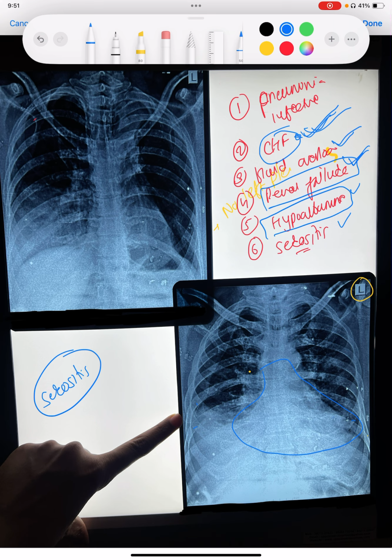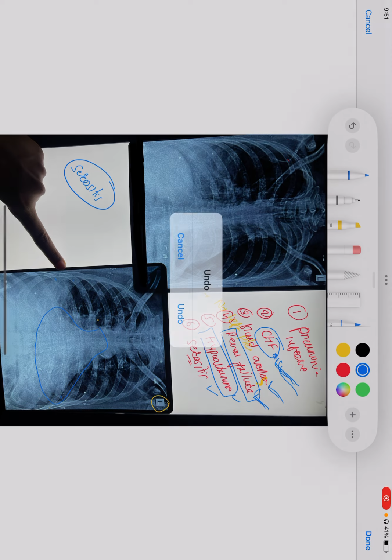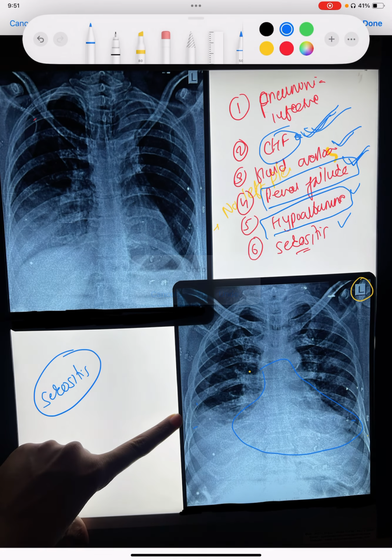It is usually not in a very significant form. If the patient worsens a lot, then only will serositis cause a moderate to gross pleural effusion. But usually, isolated serositis presents with only mild pleural effusion.